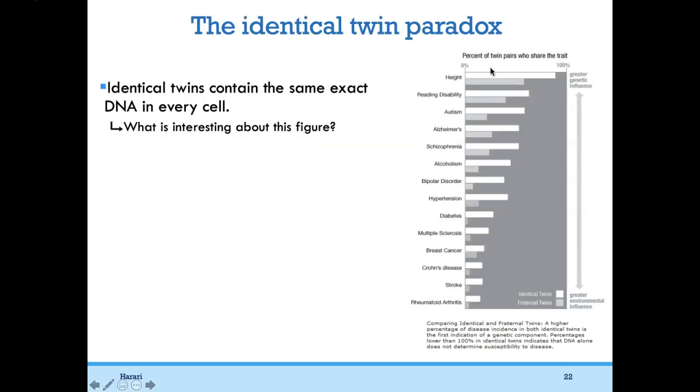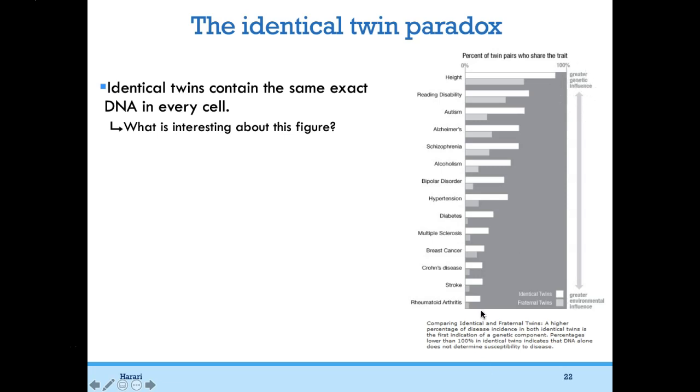So nothing has 100% concordance. Even though identical twins have exactly the same genes, none of these traits shown here show 100% concordance. This means just because you have a gene, it doesn't mean that you're going to express it. The higher the concordance between sets of twins, we could say the greater genetic influence.